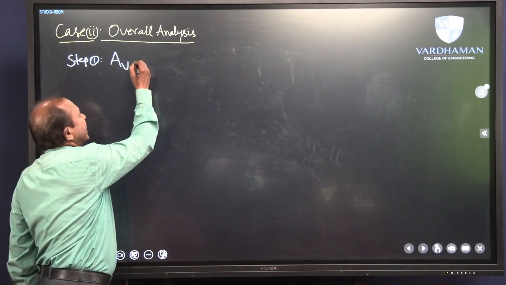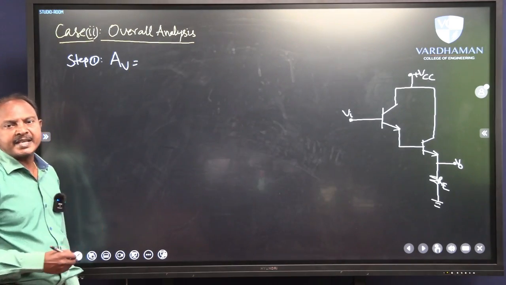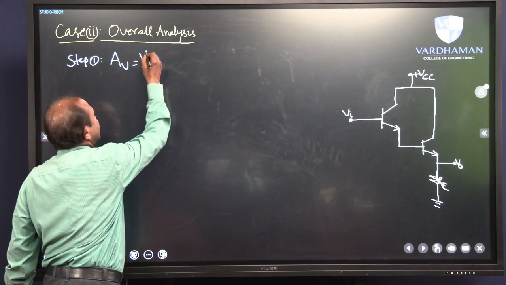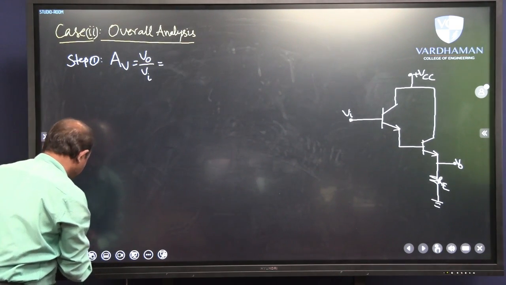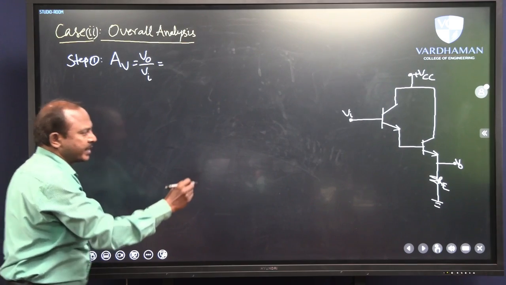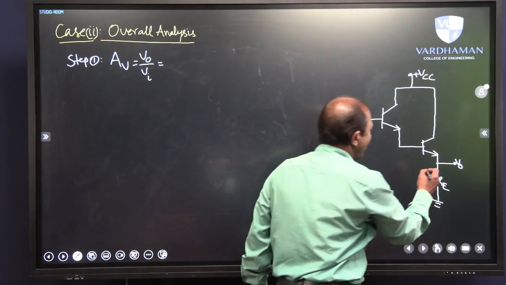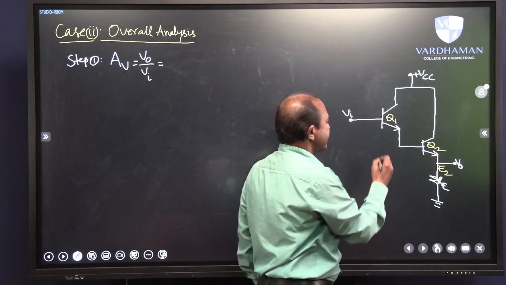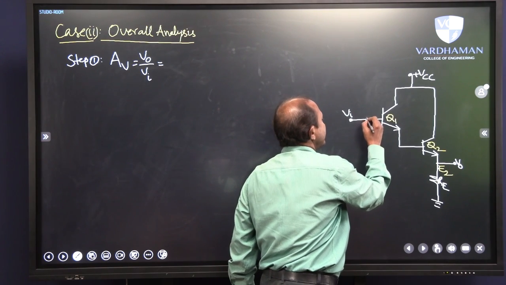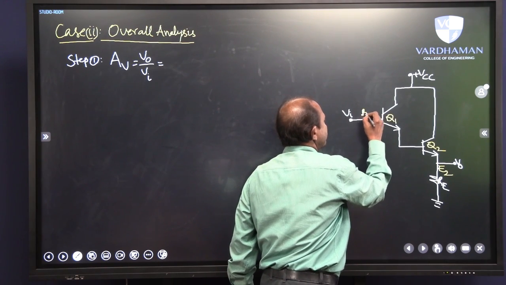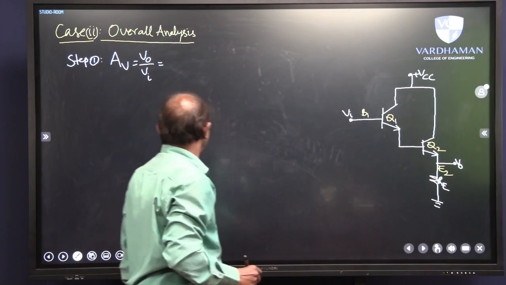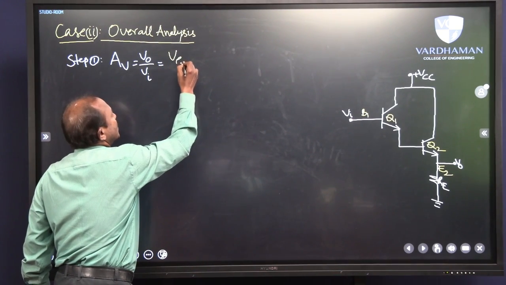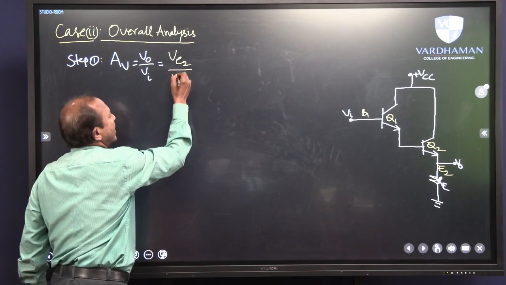Of course, in Darlington pair amplifier, overall voltage gain in any amplifier is output voltage by input voltage, V0 by Vi. But if you look into the circuit carefully, overall output voltage is nothing but emitter voltage of second transistor, whereas input voltage is nothing but base voltage of first transistor. So we can write this as VE2 by VB1.